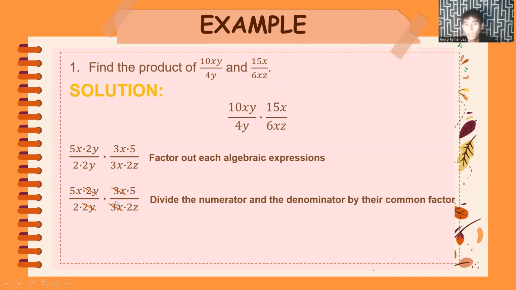And then we will cancel out those common factors. So cancel out 3x, 2y. So we have 5x times 5. So 5x times 5 is 25x. 2 times 2z is 4z. That's why this is our final answer. The process: factor out, cancel out, and then multiply the remaining terms.